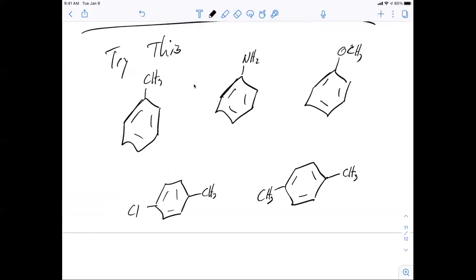Get y'all ready for the quiz. If you have time to do it, yeah. So we'll be using common and IUPAC. So the question will be very specific.